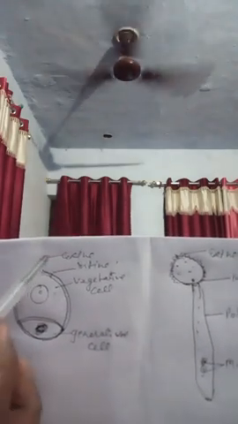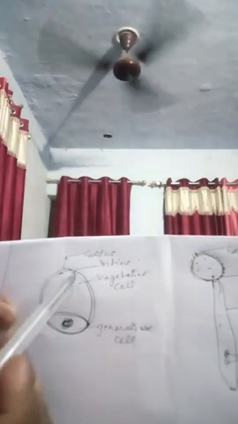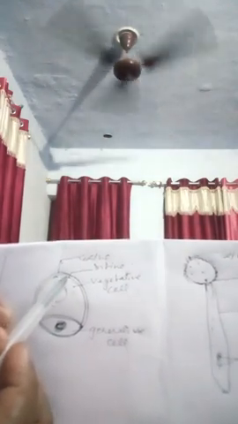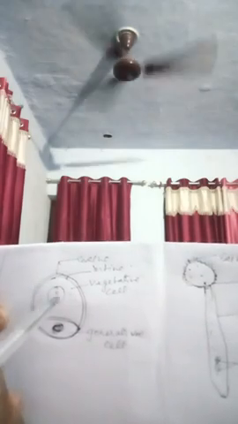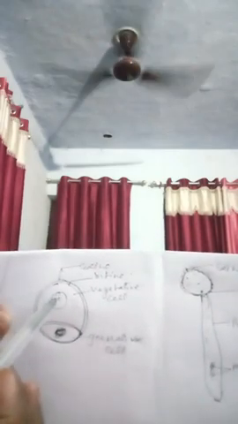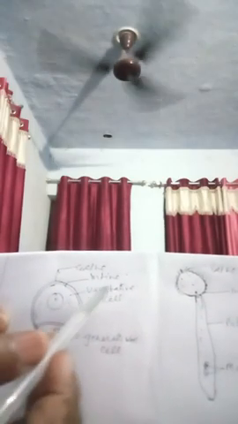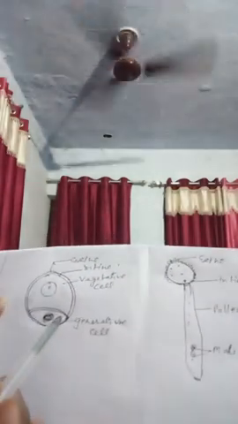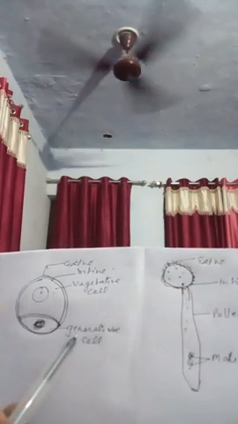The outer layer is exine and the inner layer is intine. A pollen grain possesses two types of cells. One is the vegetative cell and the other is the generative cell.